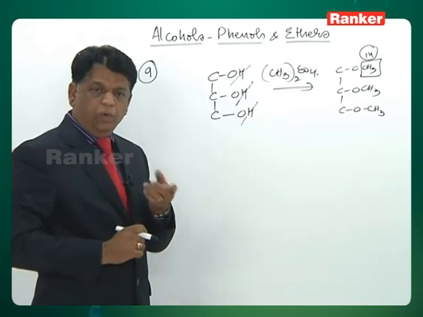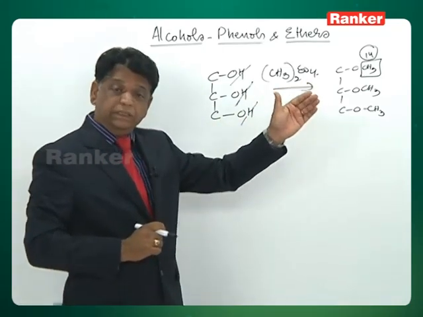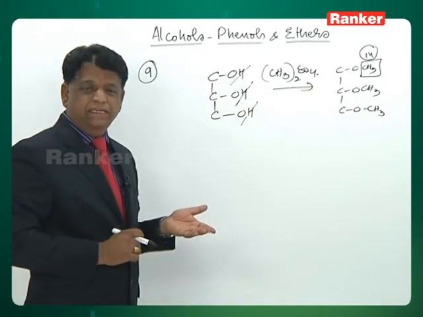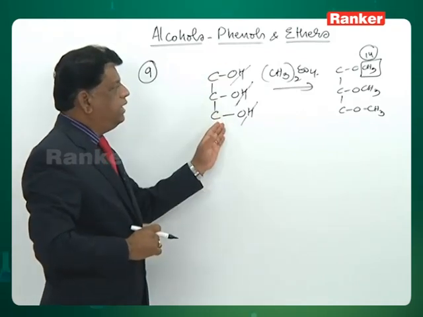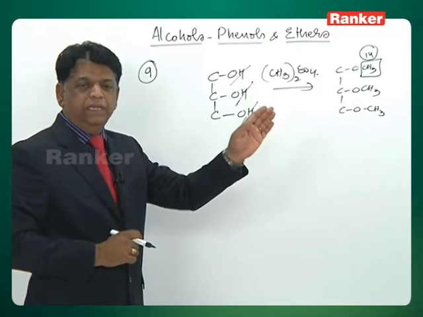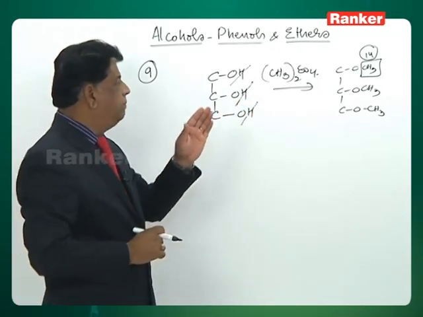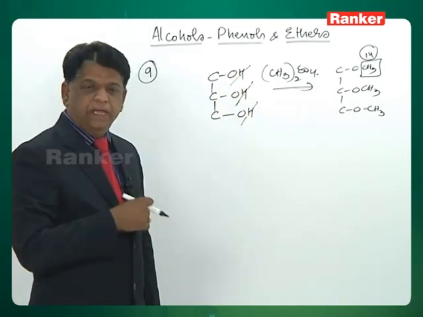But what group are you introducing? If it is acetylation, you will get an OCOCH3. We have just seen that 42 units will be increased in acetylation. Even with the third option, acetyl chloride also reacts and you will get an OCOCH3. OCOCH3 is 43 units but 1 hydrogen less, therefore 42 units increased.